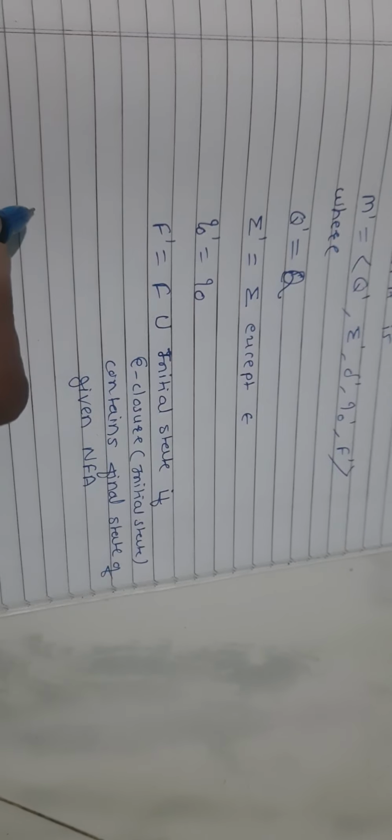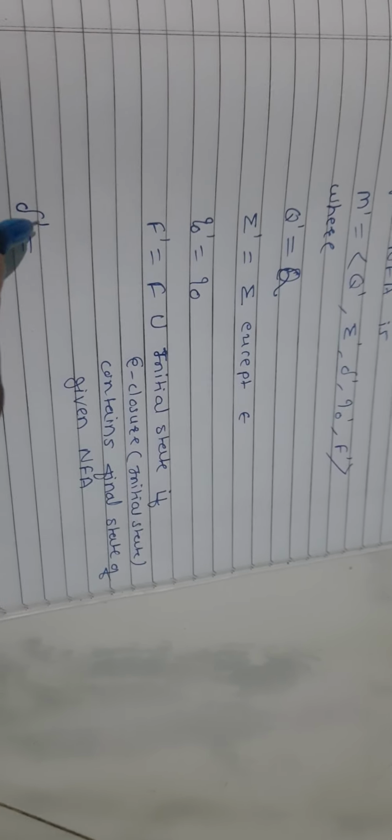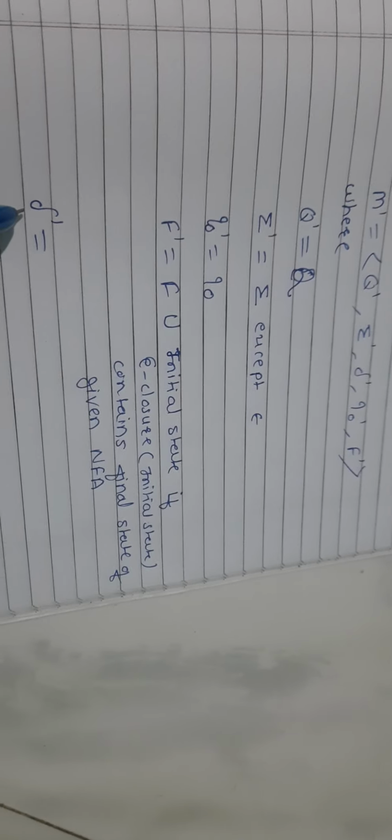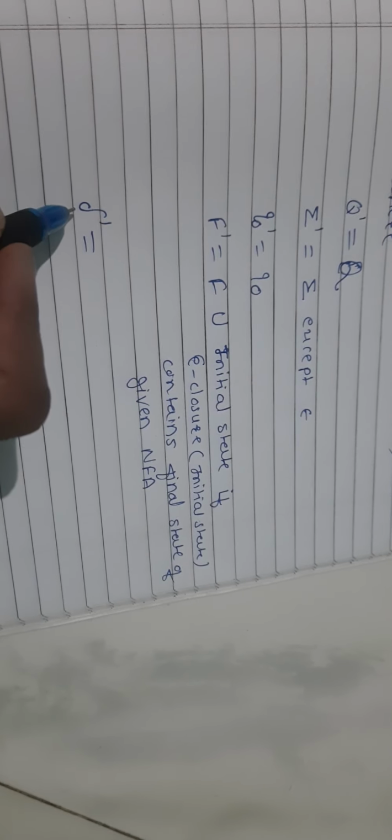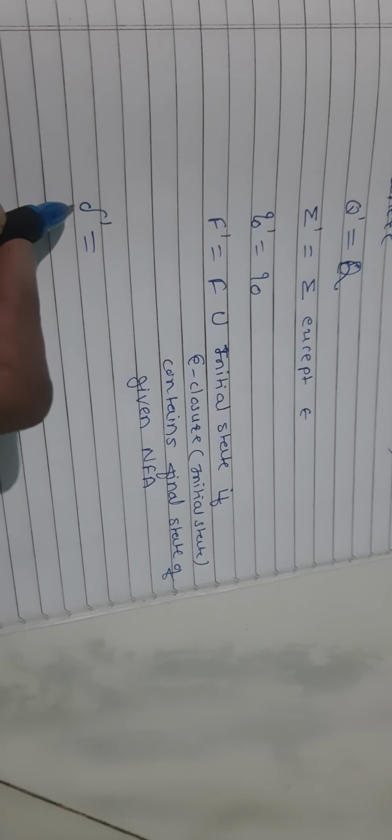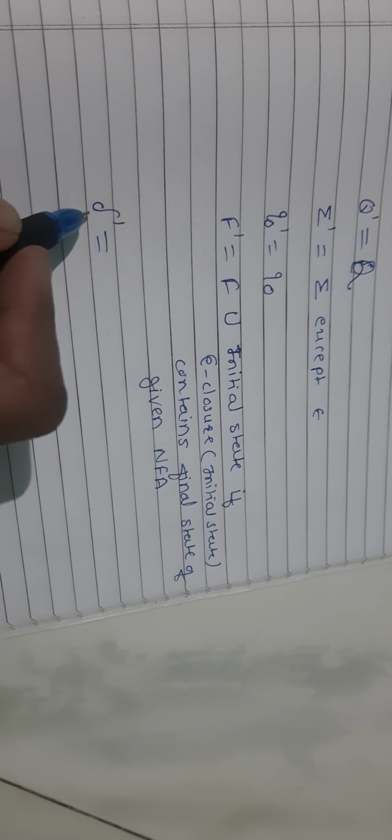Now how to calculate the delta dash? We know that delta is nothing but the mapping function. It can be defined in 3 ways: transition diagram, transition table, transition functions. Now here we will convert the given table into the equivalent table of NFA without epsilon moves.